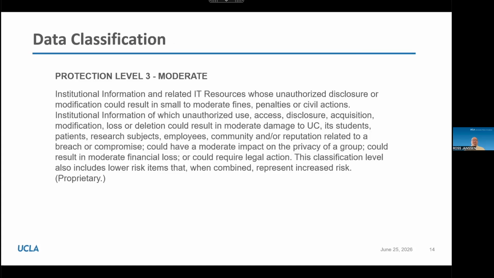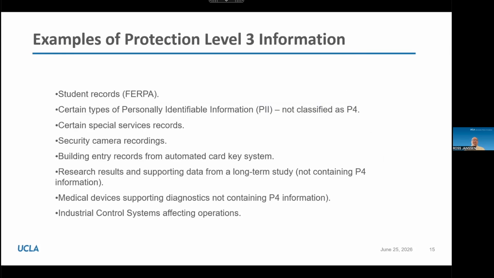Examples of level 3 moderate risk information include student records that are covered by FERPA, certain types of personally identifiable information not classified as P4, certain special service records, security camera recordings, building entry records from automated card key systems, research results and supporting data from a long-term study not containing P4 information, medical devices supporting diagnostics not containing P4 information, and industrial control systems affecting operations.